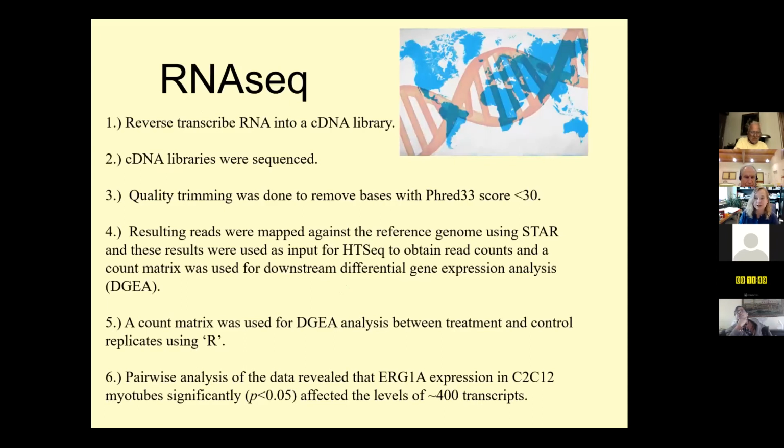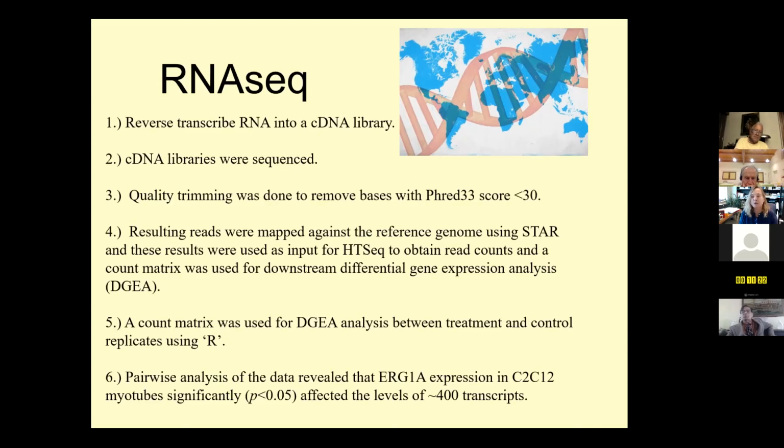They reverse transcribed the RNA into a cDNA library, to which trimming was done to remove bases of lower quality, those with a Phred score below 30. The resulting reads were mapped against a reference genome, a mouse genome, using the STAR program. And these were used as input for HTSeq to obtain read counts and a count matrix.